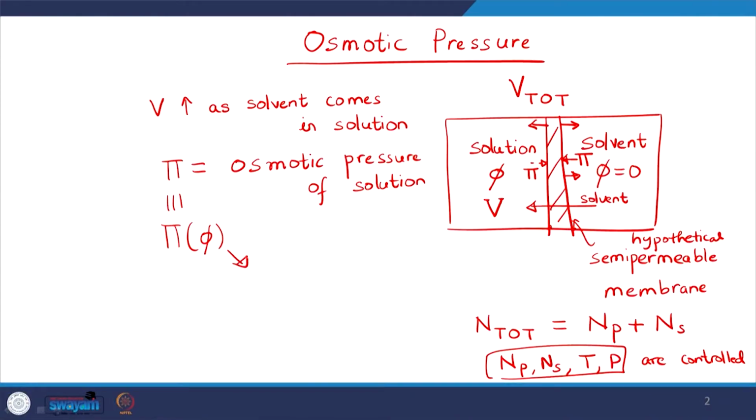When phi decreases as volume increases, that concentration gradient becomes smaller. That should result in a lower osmotic pressure, or a lower requirement of pressure to keep the membrane at a fixed volume, right. So, this must be a function of the volume fraction, and this, in some sense, is what characterizes the mixing behavior for this particular problem.